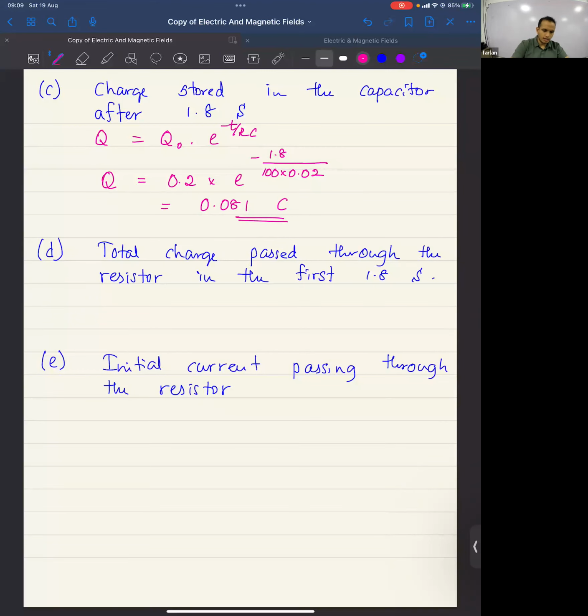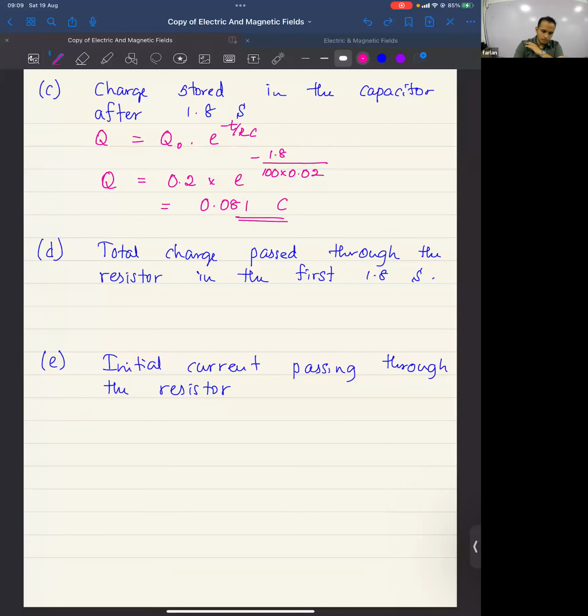If we had taken it as 200 millicoulombs instead of the 0.2 that I took in coulombs, your final answer would be in millicoulombs, you would have got 81. Okay, right.